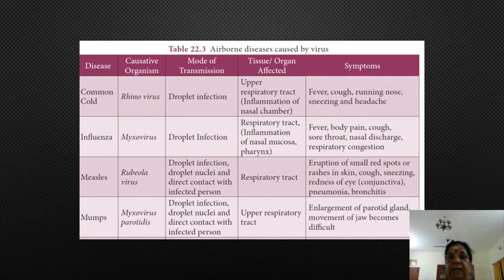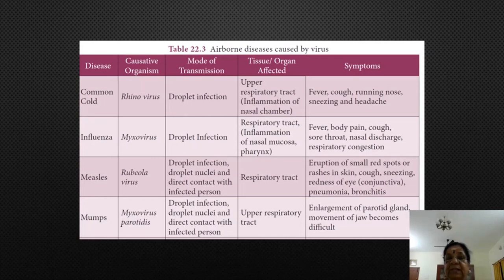These are airborne diseases carried through air. The symptoms: body pain, fever. Common cold, running nose, sneezing. Influenza, sore throat, nasal discharge, and then respiratory congestion, that is breathing problem.